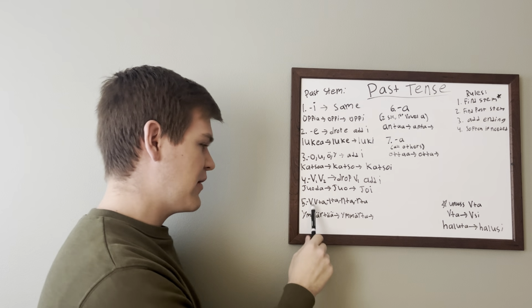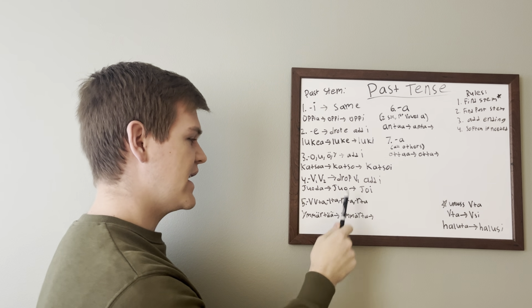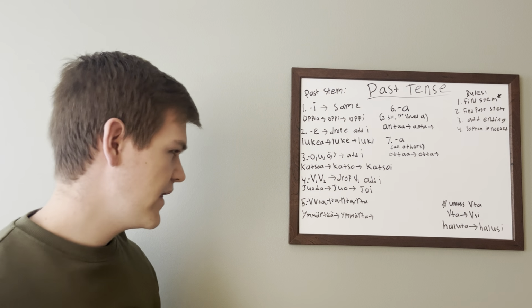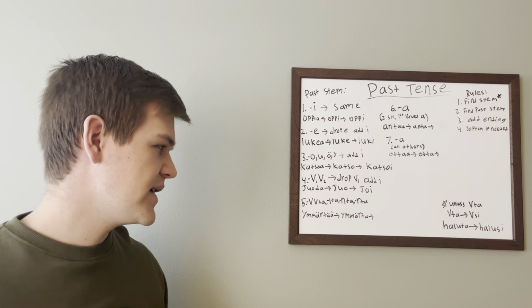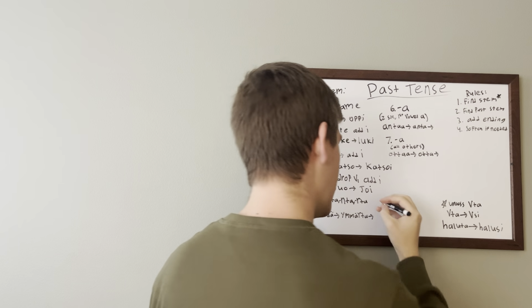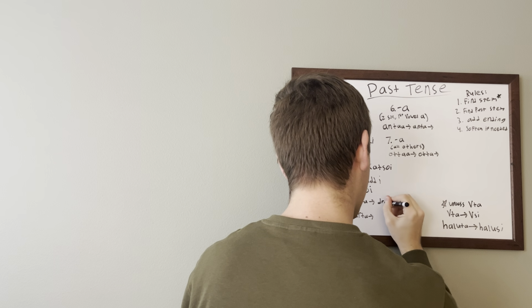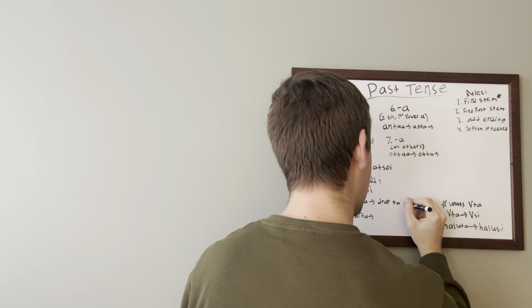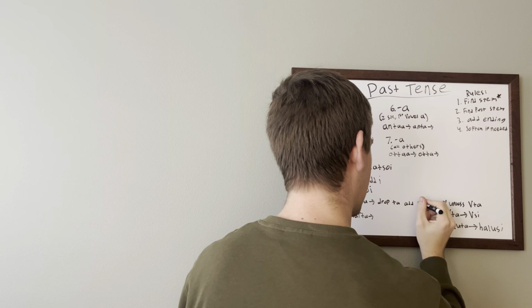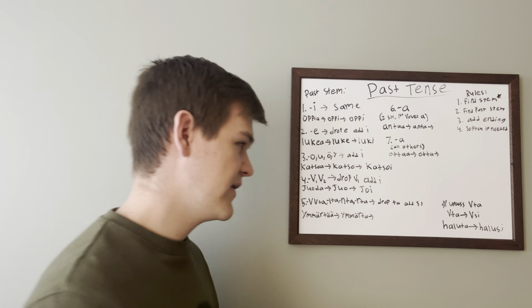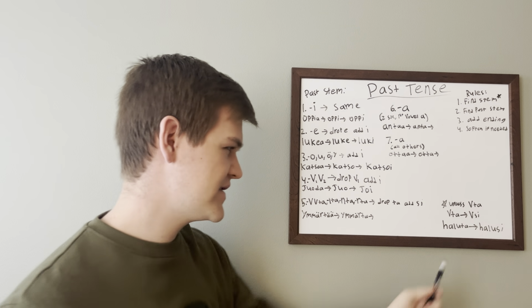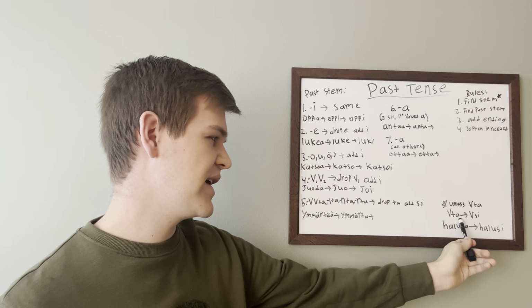If it ends in, whoops, I just dropped my marker. If it ends in vowel, vowel TA, LTA, NTA, or RTA, then what we're going to do is drop the TA and add SI. So it's kind of interesting. You might notice that that's similar to if it ended in vowel TA to begin with.